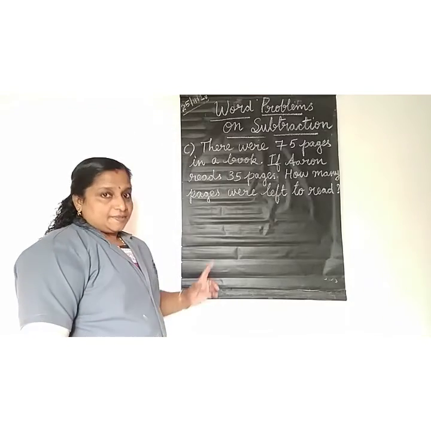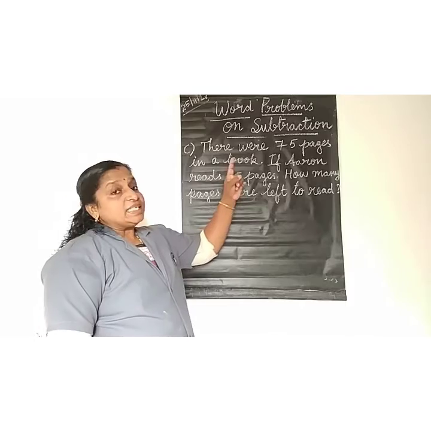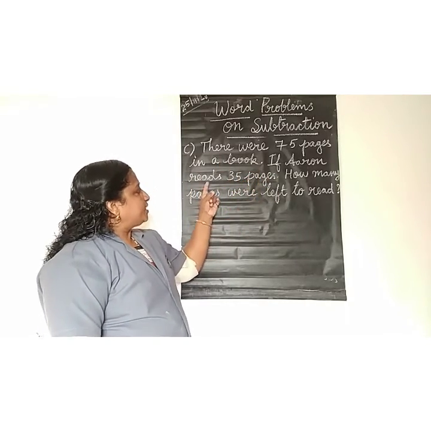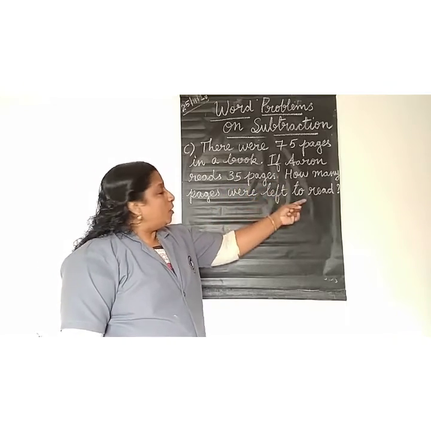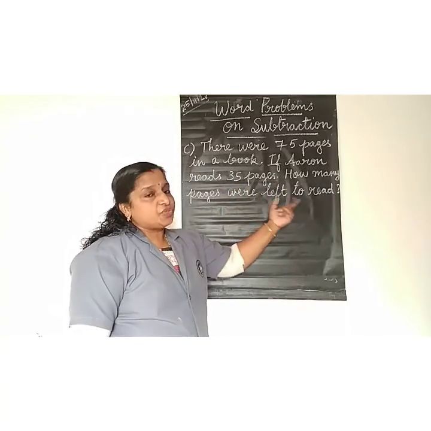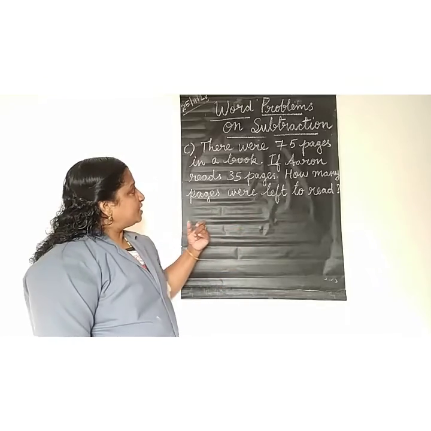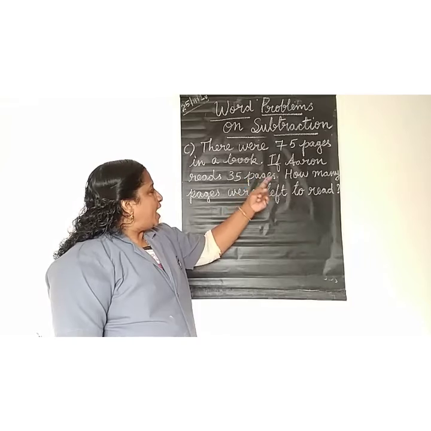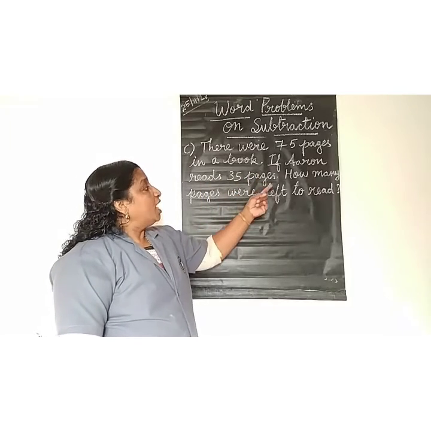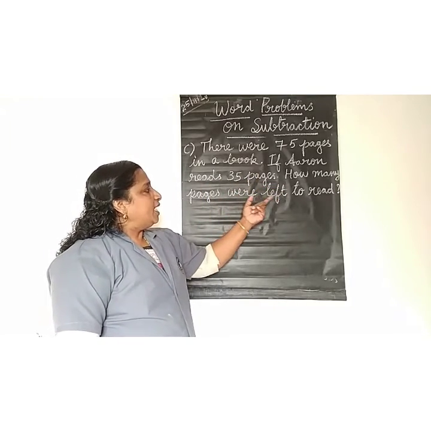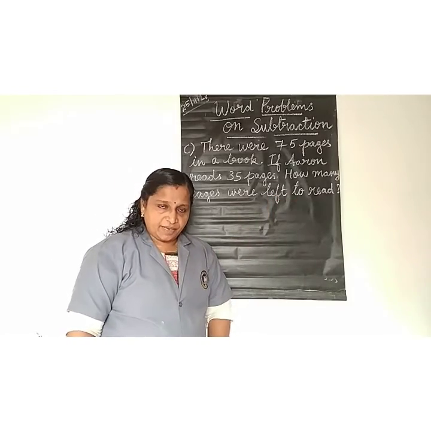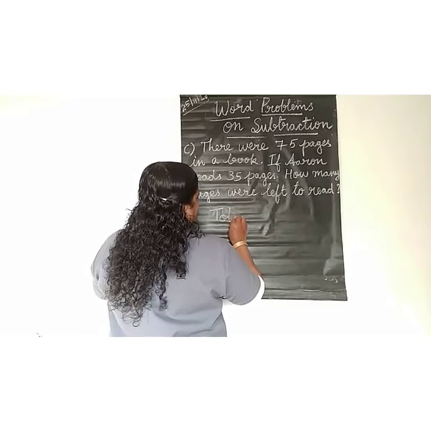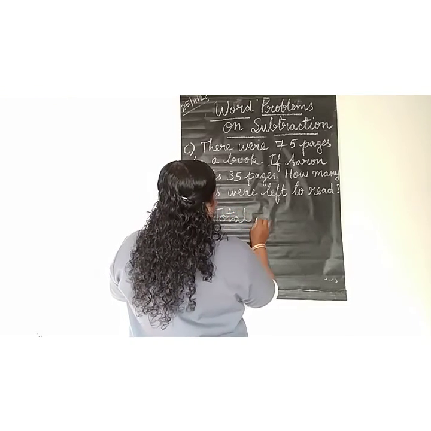Okay. See the sum. There were 75 pages in a book. If Aaron reads 35 pages, how many pages were left to read? Okay. That is the question. So, total pages.